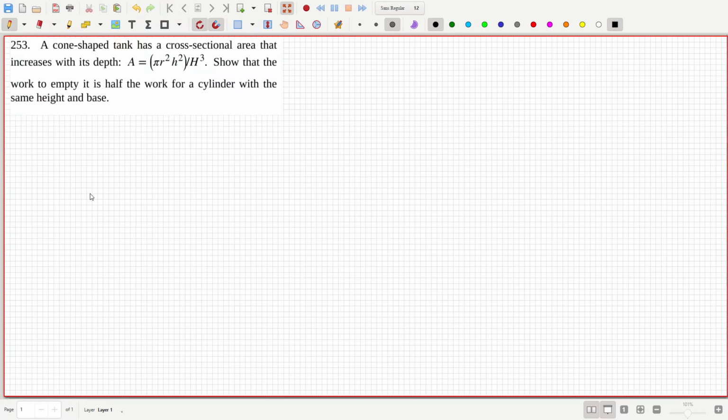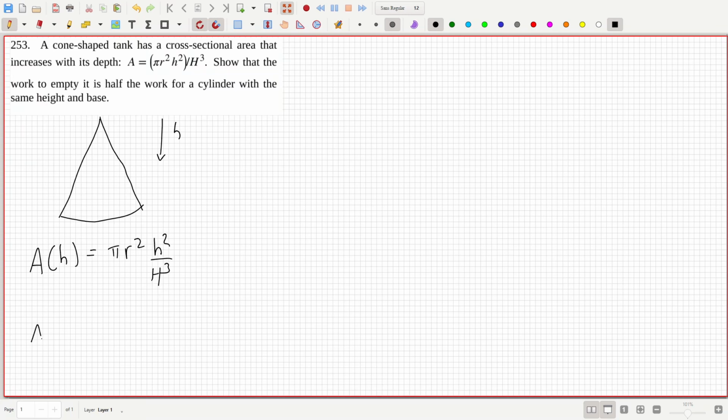A cone-shaped tank has a cross-sectional area that increases with its depth. So that's the h, I guess. I guess they're saying that the area at h is pi r squared h squared over h cubed.